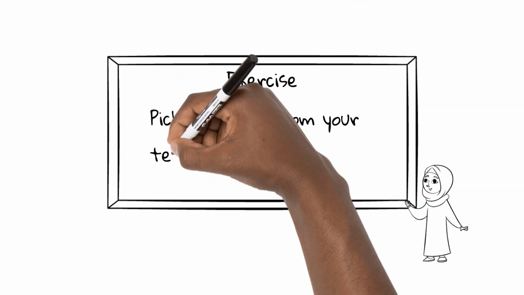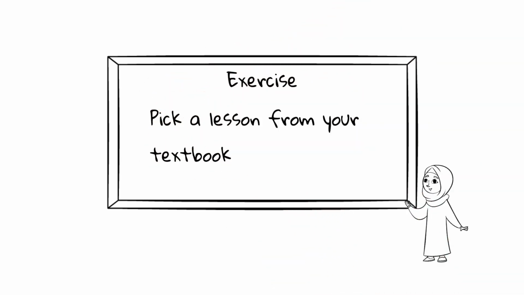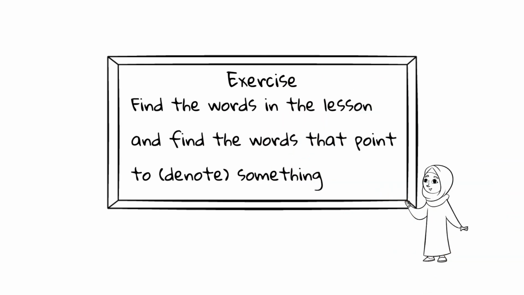So, a final exercise which I want you to do is to take a lesson from your book. Just take any lesson and look at that lesson now. Don't try to read the lesson and say, oh, I don't know what the lesson means. What is the lesson trying to say? Forget about all that. Just look at the words. Choose all the words in that lesson which point to something. It might be talking about how the mango is red in color or something like that.